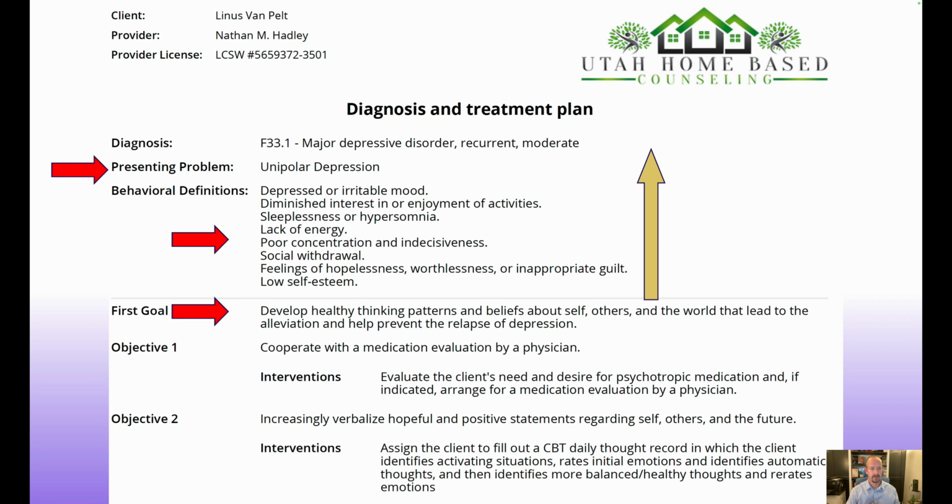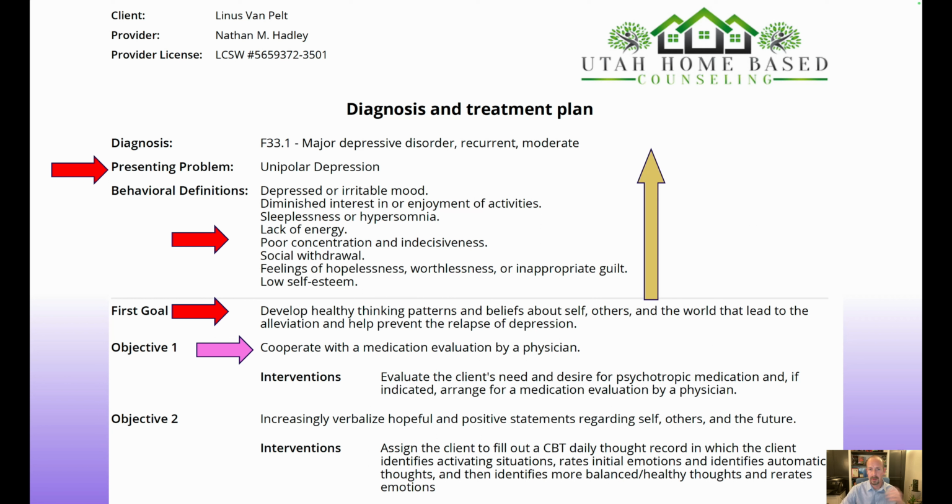My first objective, that will build off of helping to achieve that goal of developing healthy thinking patterns and beliefs, might be, in this case, that I want him to cooperate with a medical evaluation by a physician. I might feel that this depression has been around for so long, or the client feels that medication might be helpful, that my first objective is for them to cooperate with a medical evaluation by a physician.